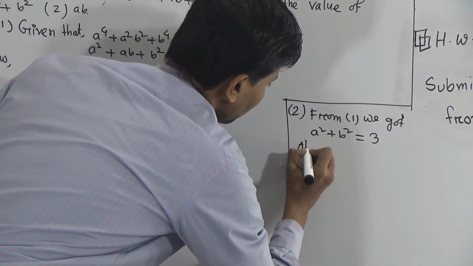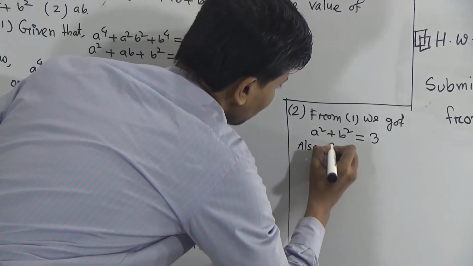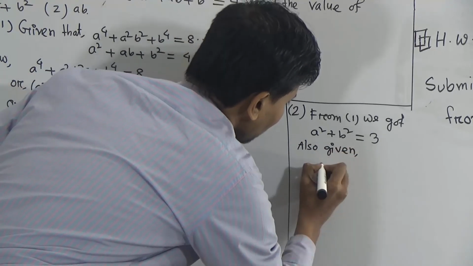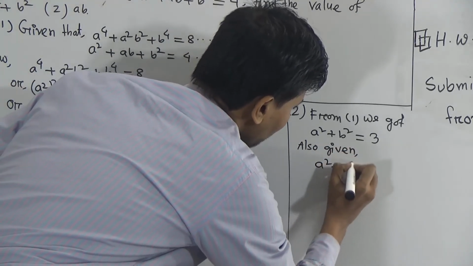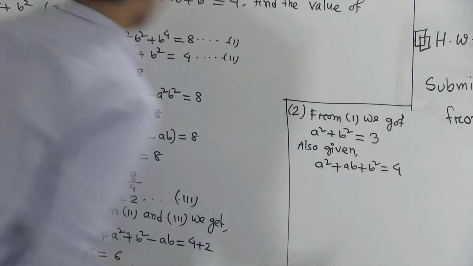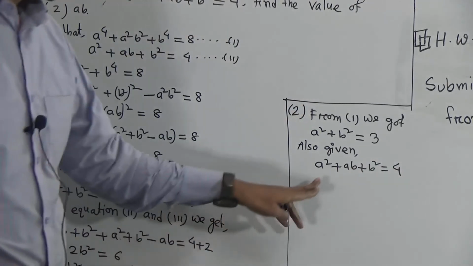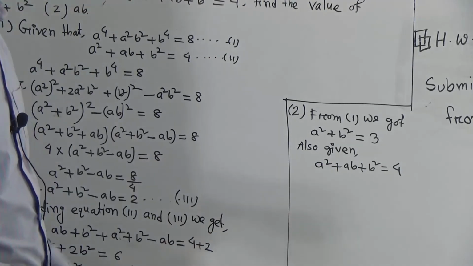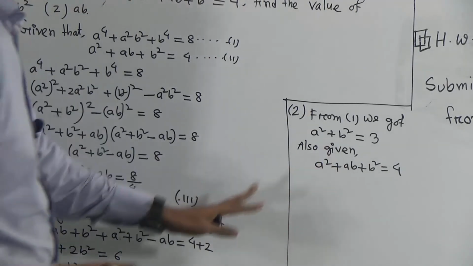Also given a square plus ab plus b square equals 4. This is given. Okay, now put the value.